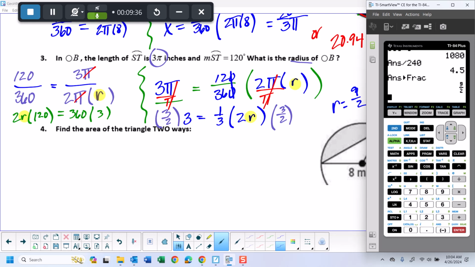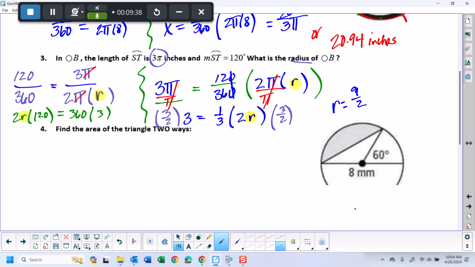So at the end of the day yesterday, last class, we ended up being asked to find the area of a sector that looks like this, a segment that looks like that. But part of that comes from being able to find the area of that triangle, because the area of the segment is the area of the sector minus the triangle.